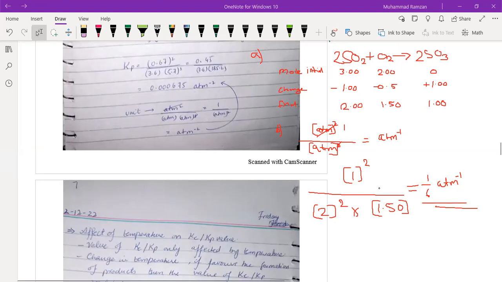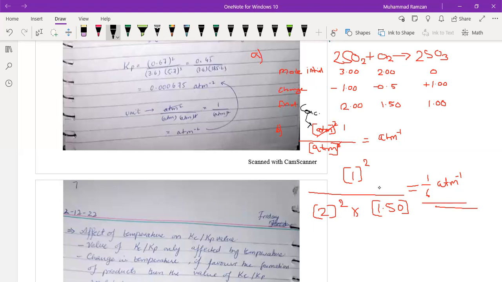I'm correcting the parts. This sign is for concentration. Please correct it. This is not concentration, so it should be mole per dm cube, mole minus 1 dm cube. Your way is correct, but symbolically this is wrong.